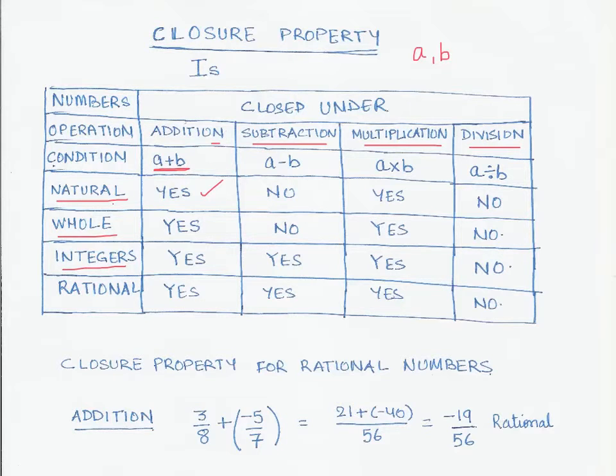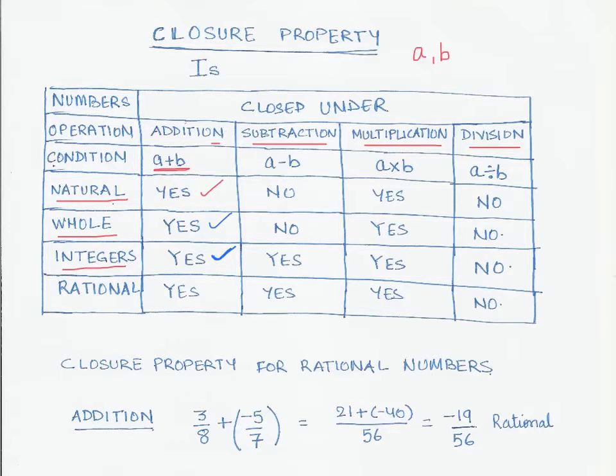Similarly, whenever you add any two whole numbers, they will always give a result which is a whole number. Hence, whole numbers are closed under addition. And you can similarly conclude for integers. We have covered all of this in the earlier chapter.